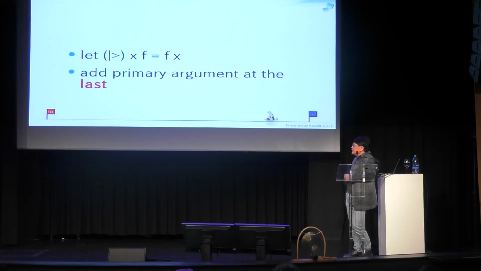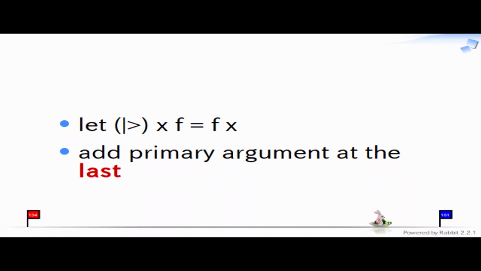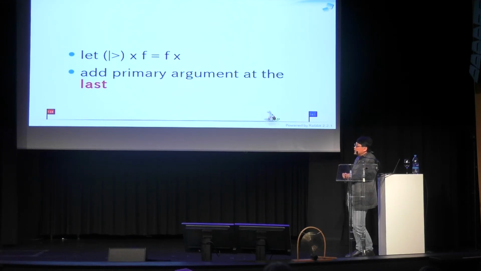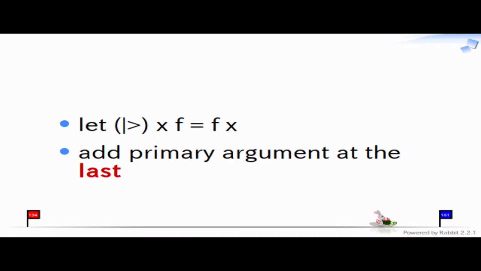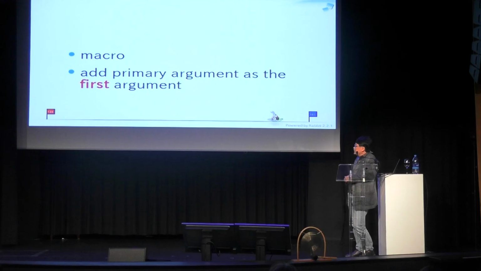The pipeline operator in F# is defined like this: let something something, a user-level operator, and it passes the primary argument, for example in the map function, the array, which is the primary argument, comes last in F#. So the pipeline operator in F# puts the argument at the end of the arguments. The pipeline operator in Elixir is different.